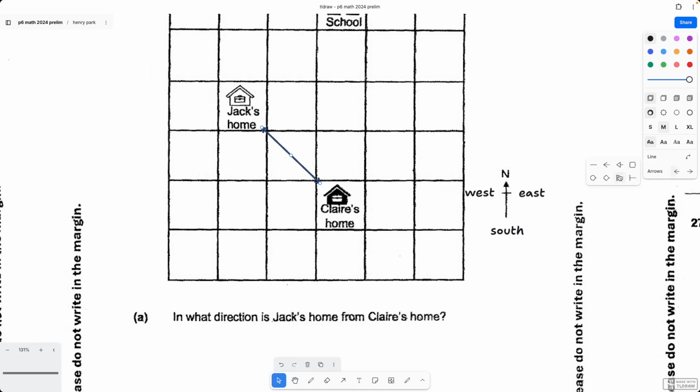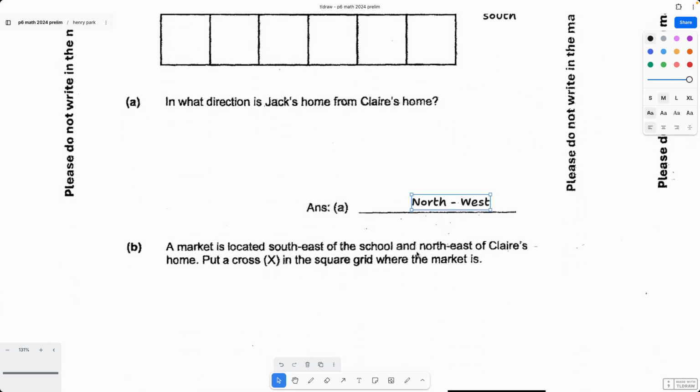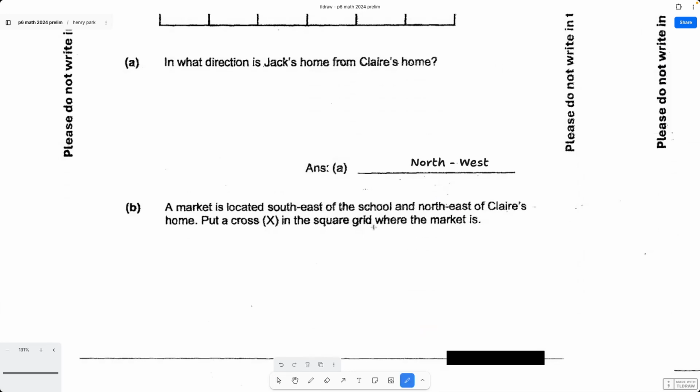Let me make this red. So north, south, east, west, it should be northwest. Part B, a market is located at the southeast of the school and northeast of Claire's home. Put an X in the grid where the market is.